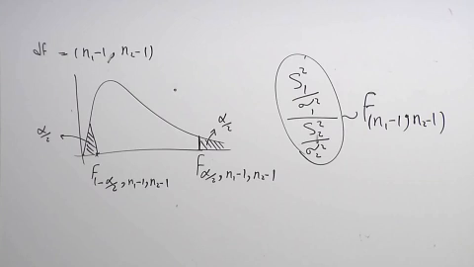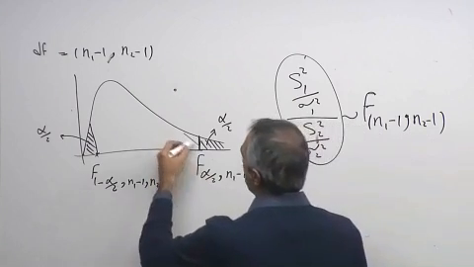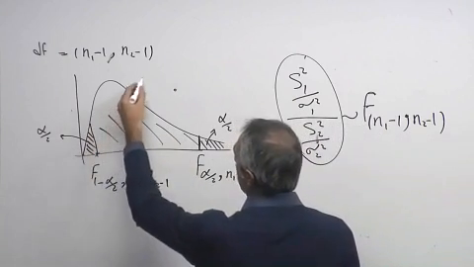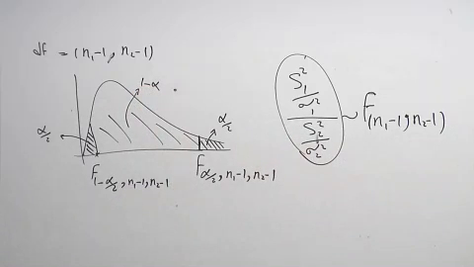So in between, what is this probability? 1 minus alpha.